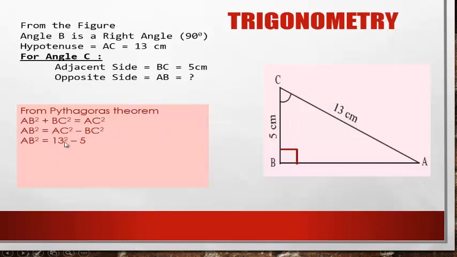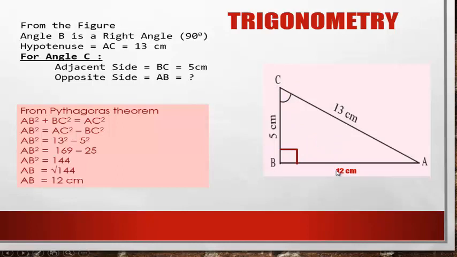Here AC is 13 centimeters and BC is 5 centimeters. That is 13 square minus 5 square. 13 square means 169. 5 square means 25. That is 169 minus 25, that is 144. AB is the square root of 144, and finally AB is 12 centimeters. So we got the length of AB as 12 centimeters.